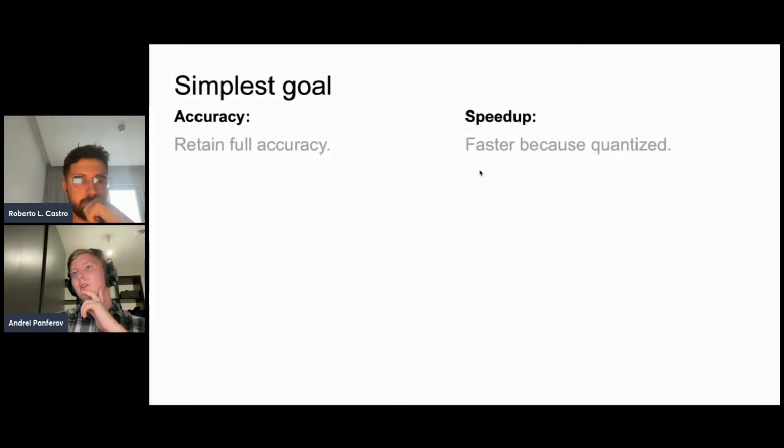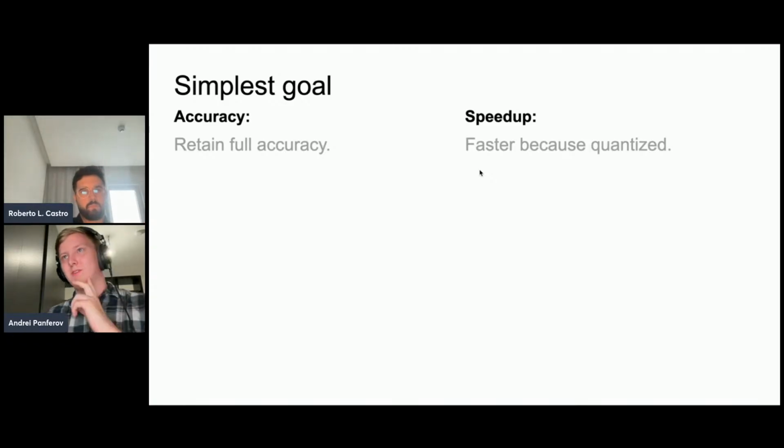And in general, the simplest thing that we might want to do when designing a low precision training method, the simplest way we can demonstrate its optimality, is just to demonstrate that it loses no accuracy while providing speedups.